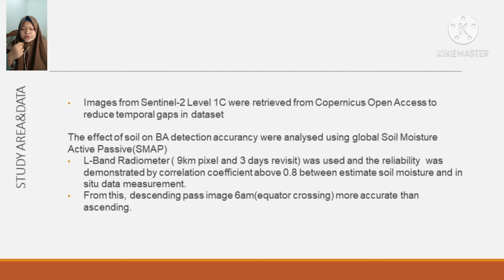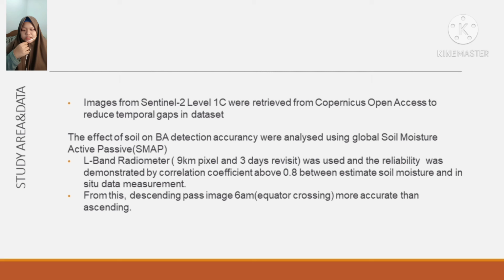The effect of soil moisture on BA detection accuracy was analyzed using global soil moisture from the SMAP passive L-band radiometer using a 9 km pixel and a 3-day revisit, and the reliability was demonstrated by a correlation coefficient above 0.8 between the estimated soil moisture and in situ measurements.